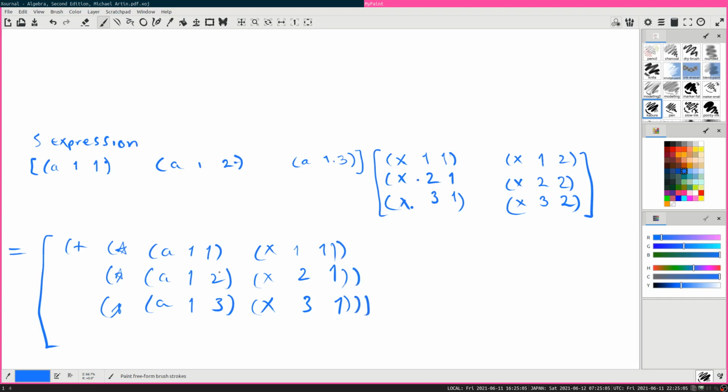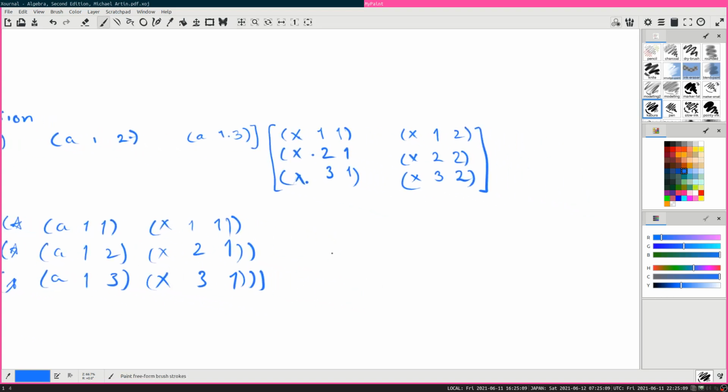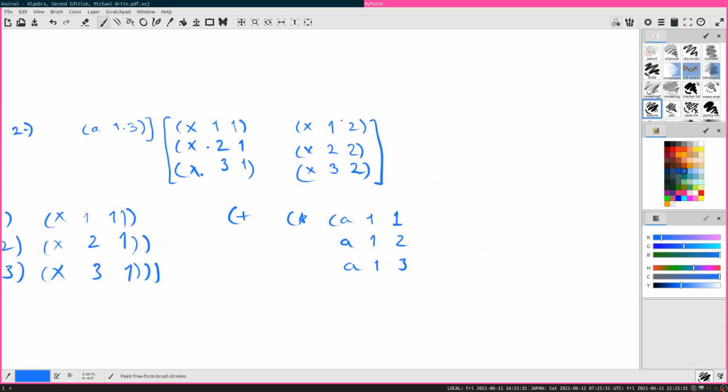Okay, and that is just the first component in this row vector. And then the second row vector, you do the same thing but with the second column of X. So plus times A, 1, 1. And we're just going to copy the same A's. A, 1, 2, A, 1, 3. But now we're doing the second column of X, so X, 1, 2.